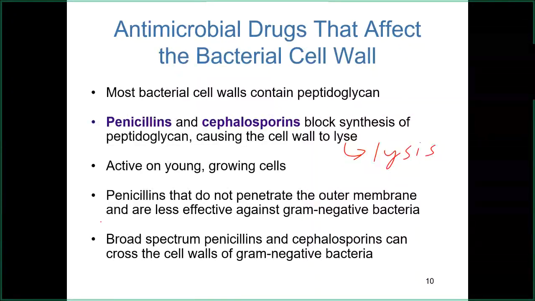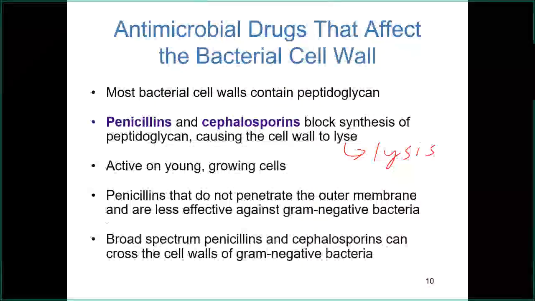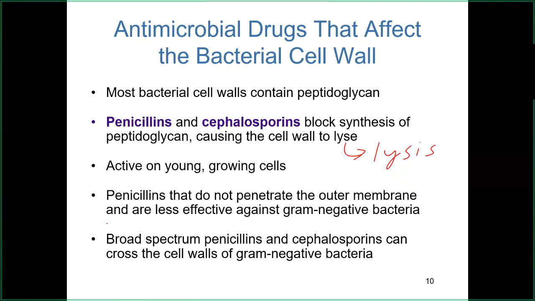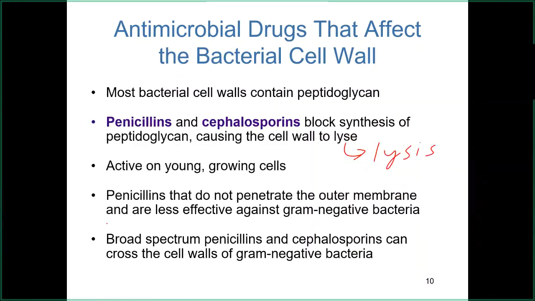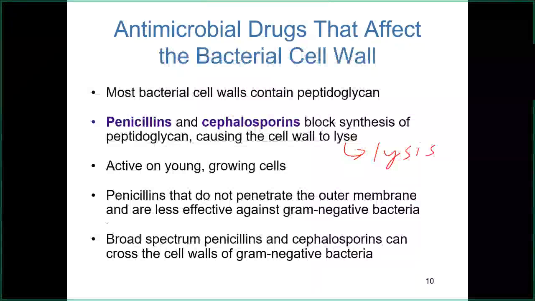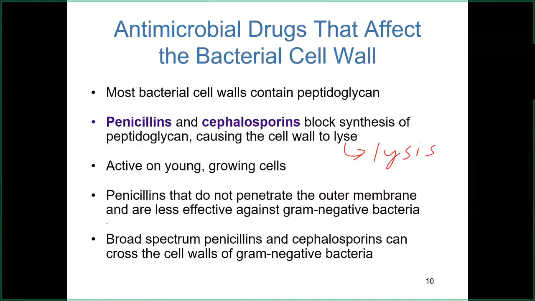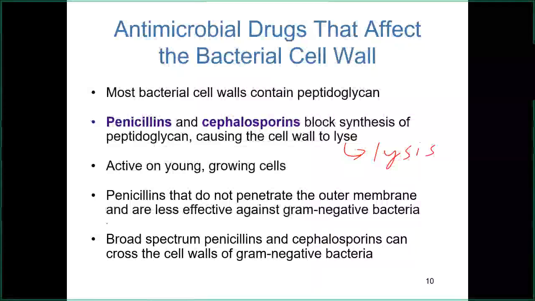So there are some penicillins that don't penetrate the outer membrane of gram-negatives all that well. The outer membrane, of course, is composed of some lipid and is hydrophobic and nonpolar. There are many different penicillins now, multiple generations, and some of them don't penetrate gram-negative cell walls all that well, that outer membrane in particular, because nonpolar substances are rejected by polar substances.